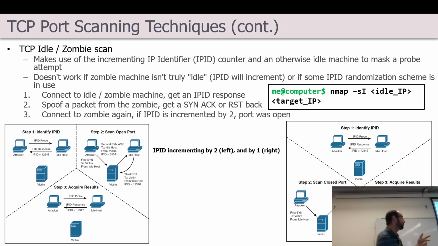Whereas if it turns out that port was actually open, and we went from this initial value of 1, 2, 3, 4, 5 to the spoofed request in which there's actually going to be a SYN-ACK response, requiring that this machine actually send a reset to close the connection because it didn't actually request a connection to that port, that would require that the idle host's IPID number would be incremented 1 additional time.